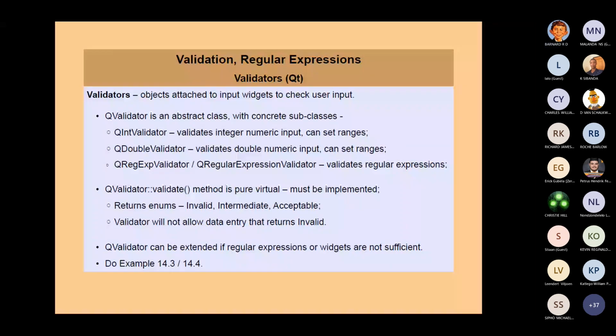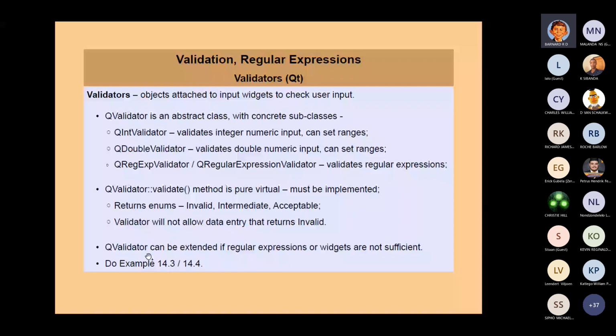In fact, I sort of contrived a use for it in the exercise by using a QStringList for the address instead of separate inputs, so that you had to validate a QStringList. You can't do that directly with a regular expression, so we had to subclass QValidator.